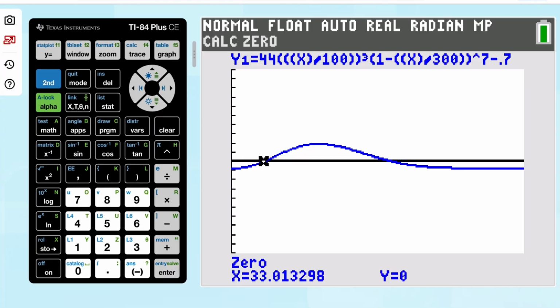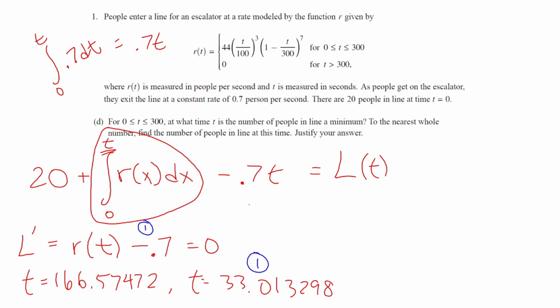Then the derivative is positive until that next x-intercept, which means the number of people in line is increasing. So we know that based on our sign chart, right, L is going to decrease, then it's going to increase, then it's going to decrease. Right? That's what L is going to do here.